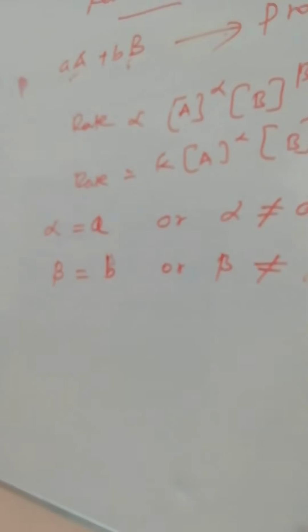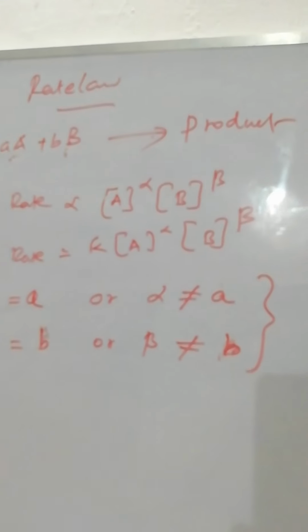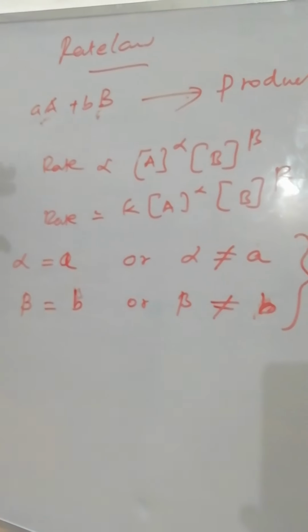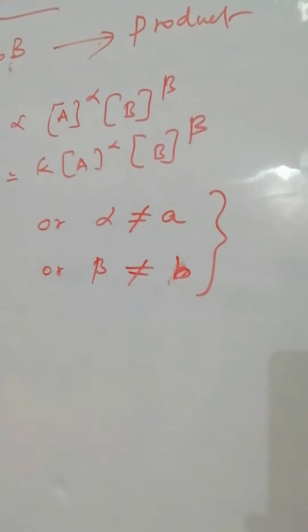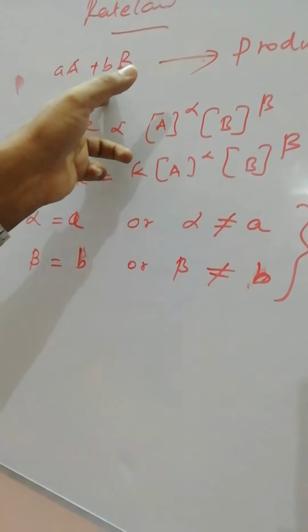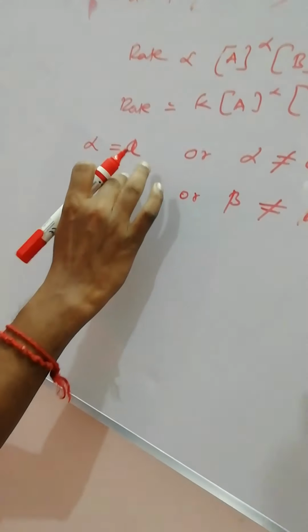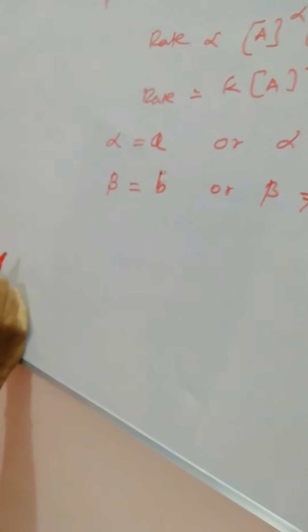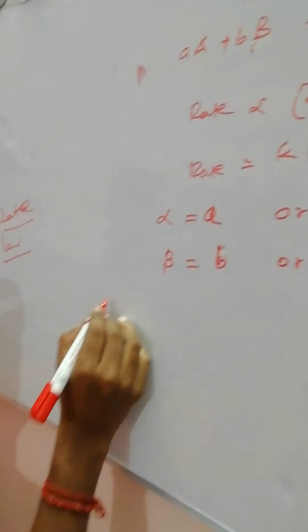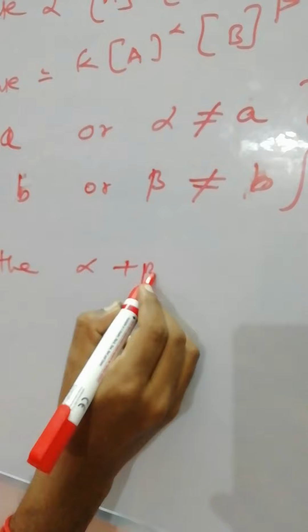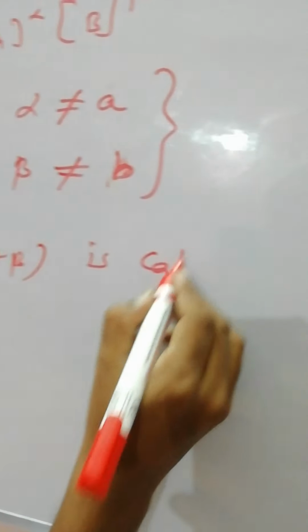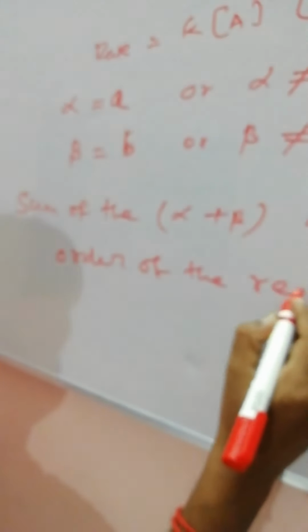Alpha is the amount of concentration of A converted into product. Beta is the concentration of B converted into product, how much it is consumed with respect to time. Now the sum, alpha plus beta, is called the order. The new term is the order of the reaction, from the rate law.